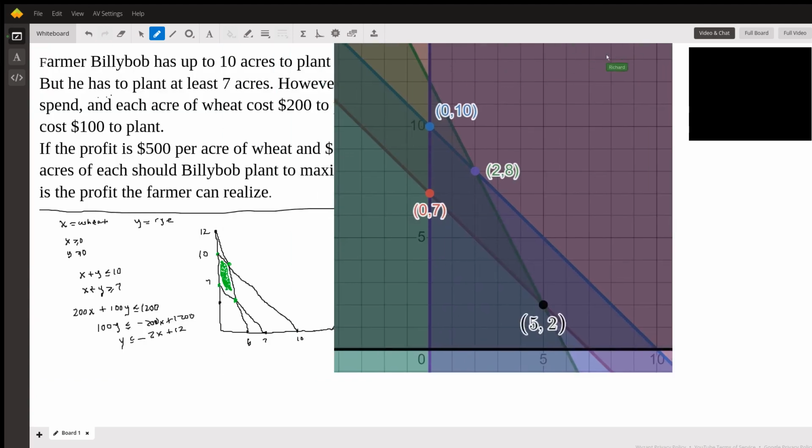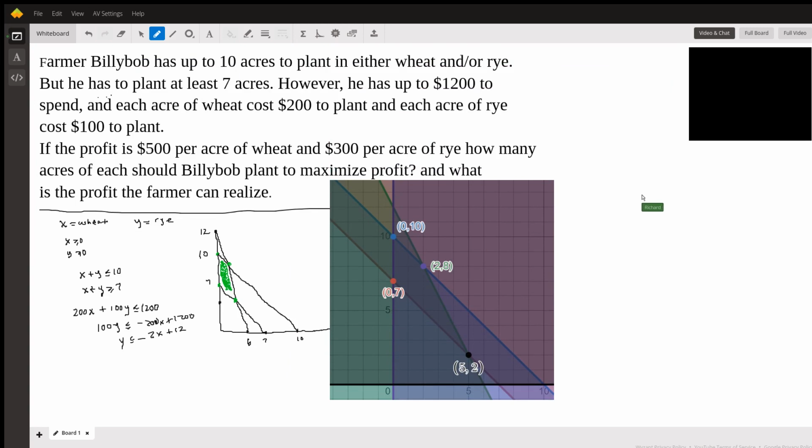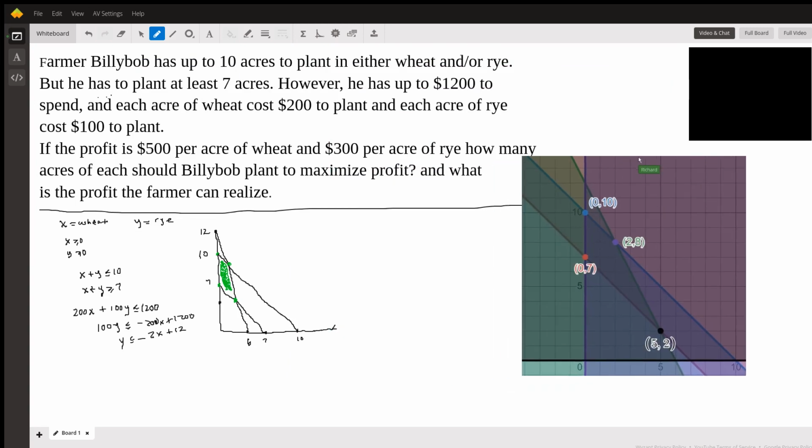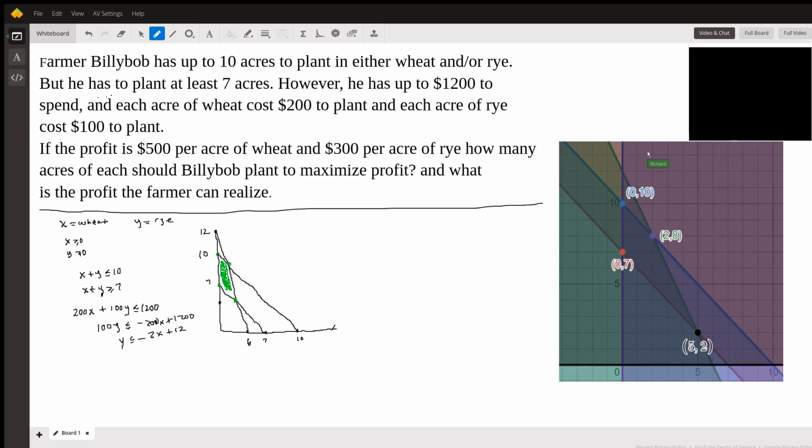So I did this graph ahead of time. And you can also see it a lot better. It's drawn to scale and so on. And you can see from here the solution region and the corners.